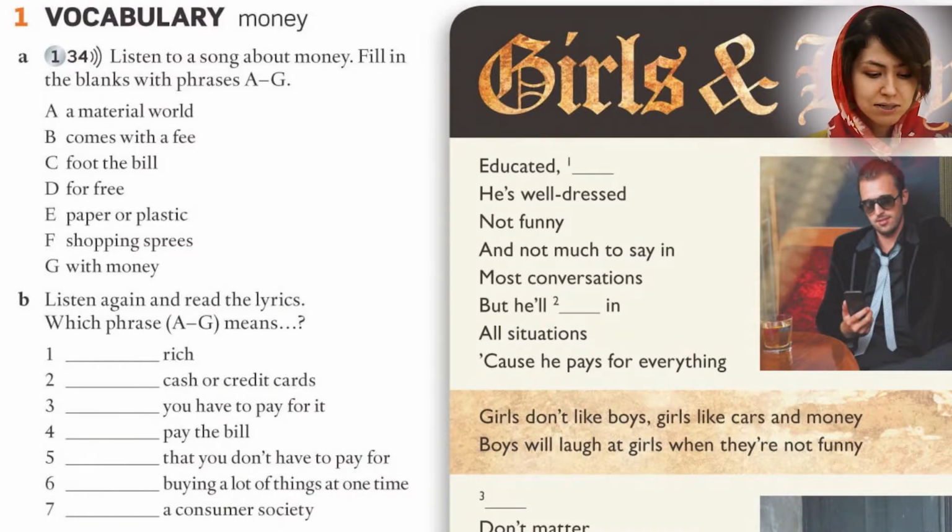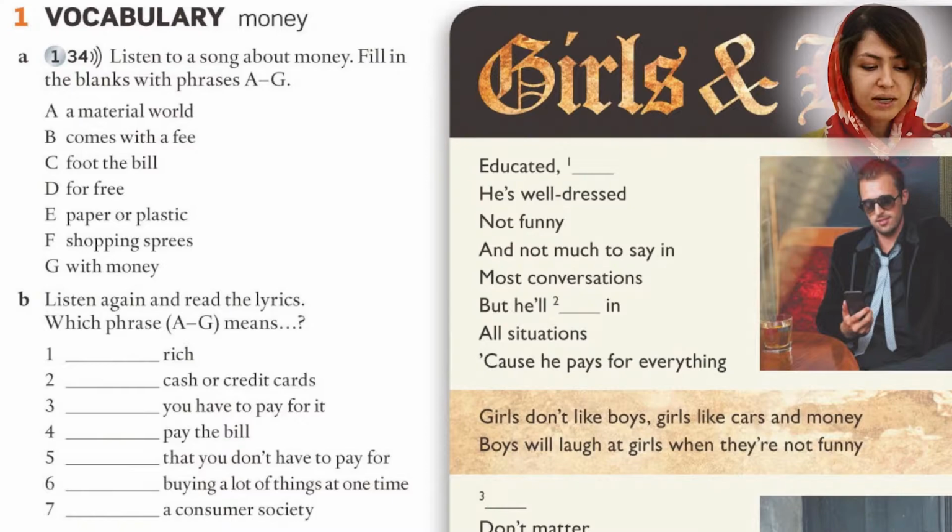No chance. That you don't have to pay for. Again, it's not. Buying a lot of things at one time cannot be really. A consumer society, yes. A belongs to this definition here. A consumer society. A society that likes to spend money a lot. Okay, we call that consumer society.